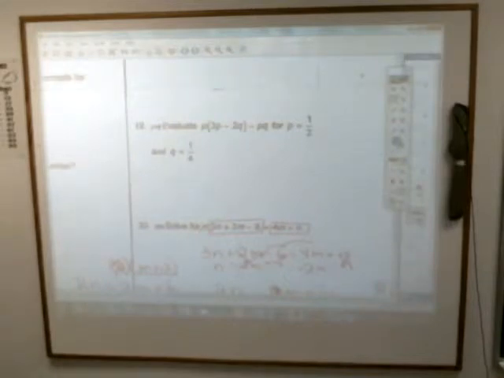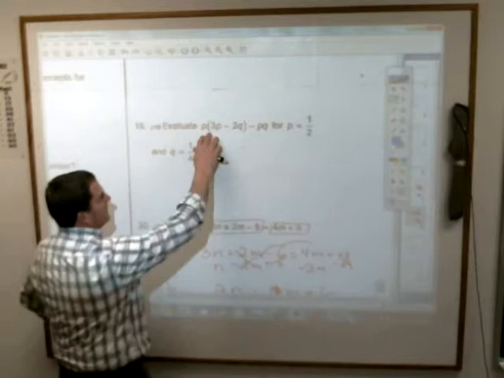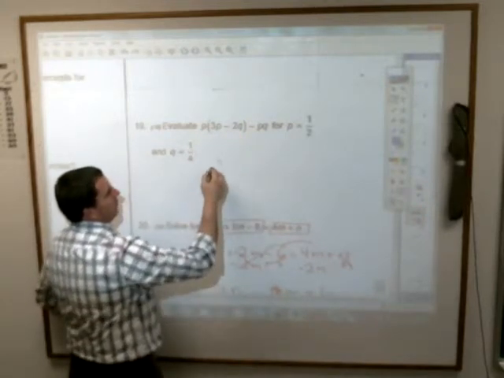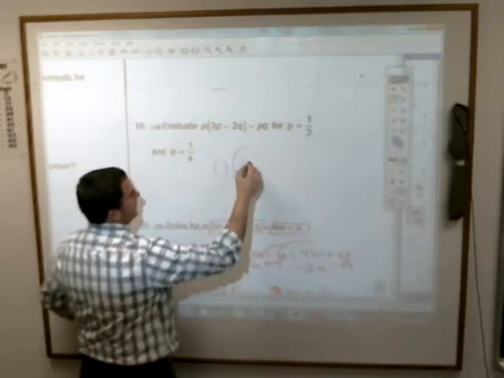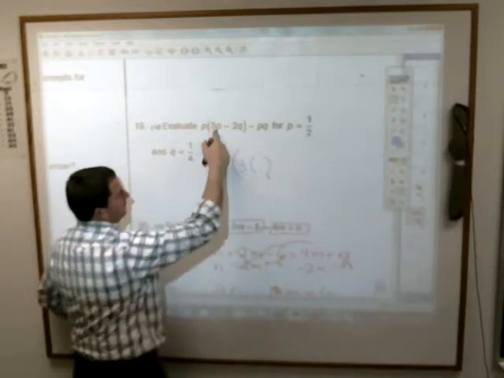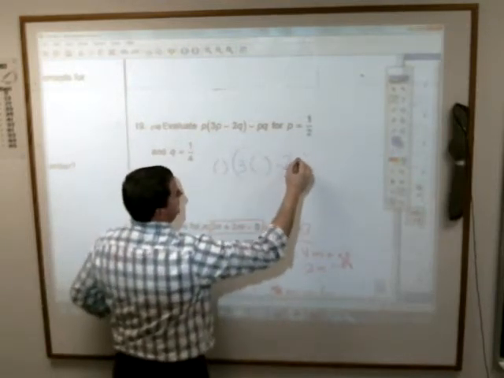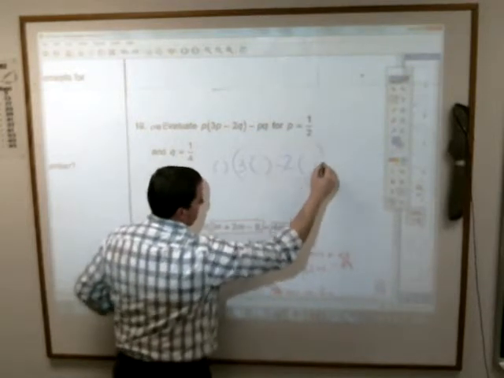Anybody know what the first thing I'm going to tell you to do is? And this is what most people don't want to do, but I'm telling you, your life will be so much better. Every letter gets a parenthesis. So, the big parenthesis, which is already there, 3, parenthesis for the P, minus 2, parenthesis for the Q, and then the big parenthesis.